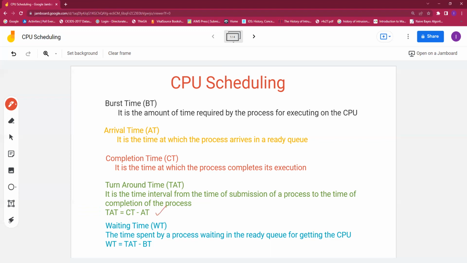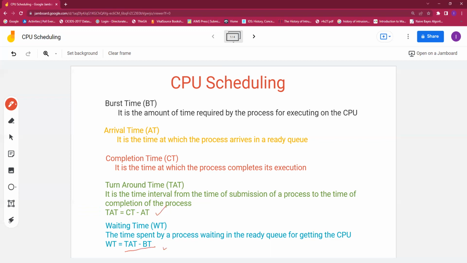The next one is the waiting time. This is the time spent by a process waiting in the ready queue for getting the CPU. Here also, we can't directly find the waiting time. In order to find it, you need to know the turnaround time and burst time.